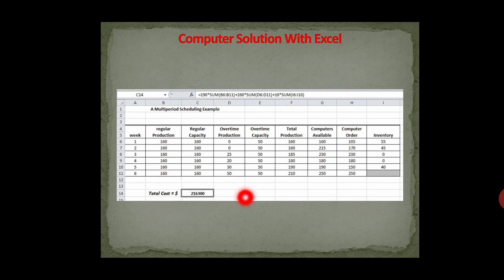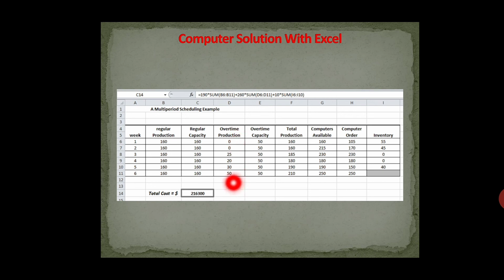The decision variables for R sub j are included in cells B6 to B11. So these are the decision variables. For overtime production, they are in cells D6 to D11.